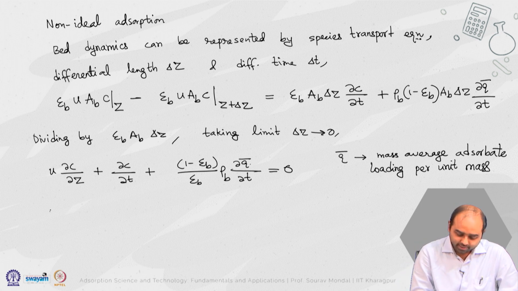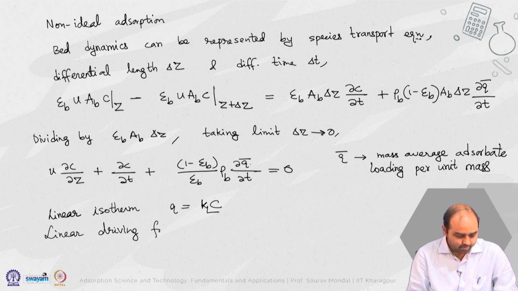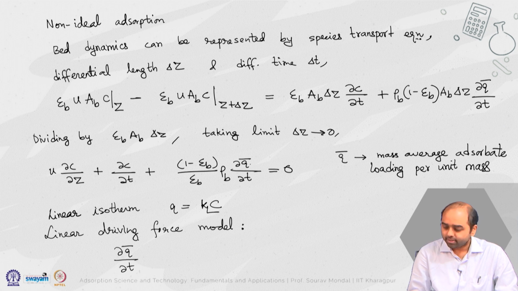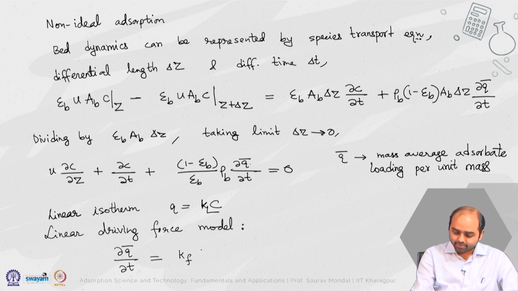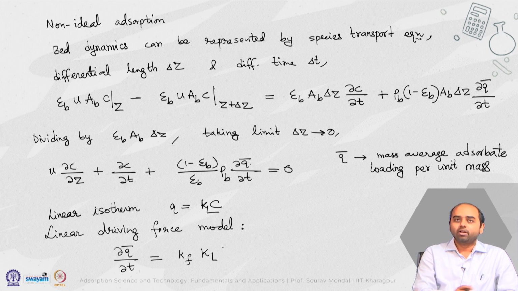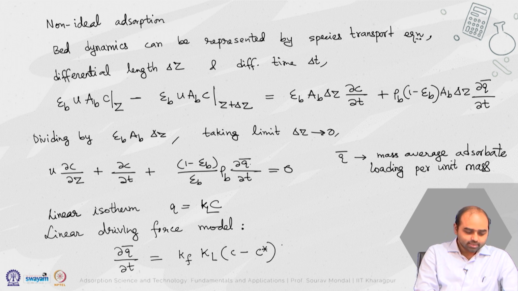Considering an isothermal linear isotherm, Q is equal to K into C, I will write this as K L, and using a linear driving force model, if we ignore the internal mass transport resistance or the intraparticle diffusion, or if that can be considered negligible, then dq by dt would be the mass transfer coefficient kf, the equilibrium coefficient K L for a linear isotherm, times C minus C star, where of course C star is the solute loading at the equilibrium concentration and Q is the average.